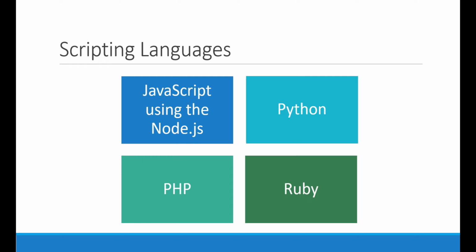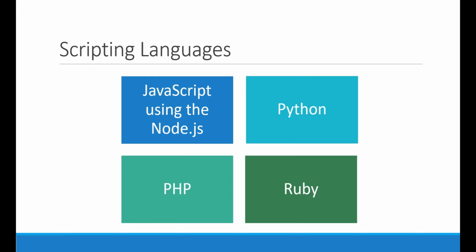Then there's PHP, another popular language for web applications. Now, the language itself has a low entry barrier for beginners, but it also provides more advanced features for intermediate users.